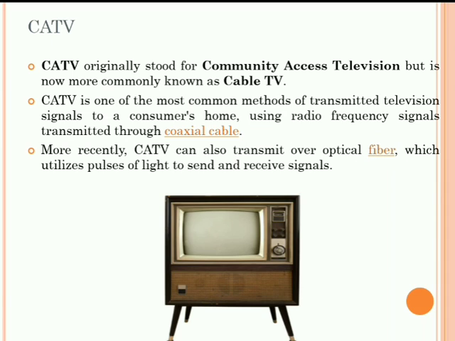CATV is one of the most common methods of transmitting television signals to a consumer's home using radio frequency signals transmitted through coaxial cables. More recently, CATV can also transmit over optical fibers, which utilize pulses of light to send and receive different signals. CATV's origin dates back to 1924.